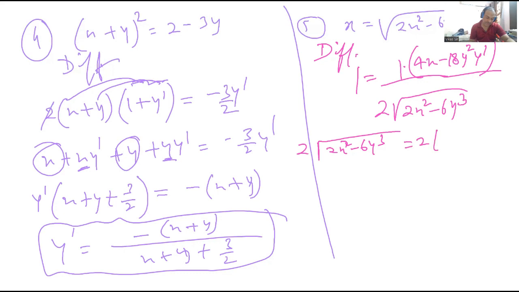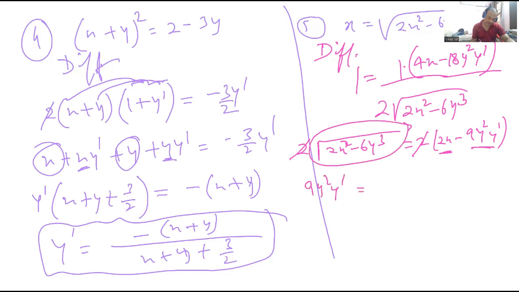If I take common, I will be having 2x minus 9y squared y dash. This 2 will be cancelled by this. Now I can bring here 9y squared y dash, and I will take the square root part on the RHS, which will be equal to 2x minus square root of 2x squared minus 6y cubed.